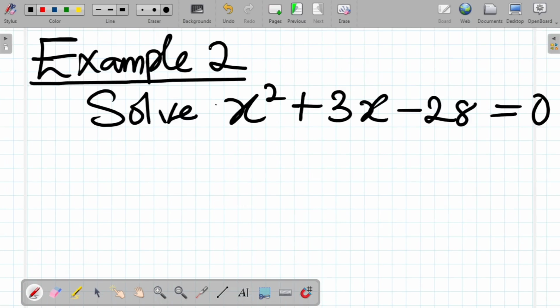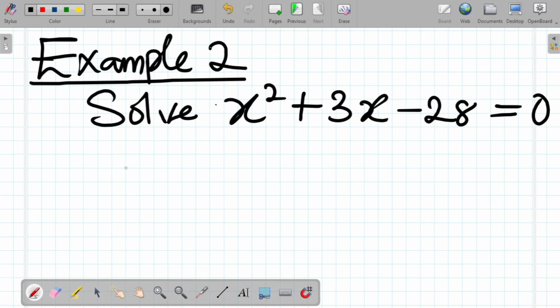All right, let's consider another example. It says solve x squared plus 3x minus 28 equal to 0 using factorization method. Remember, our first task is to look for two terms that you will add up to get the middle term, which is +3, and then multiply to get the last term, which is -28.